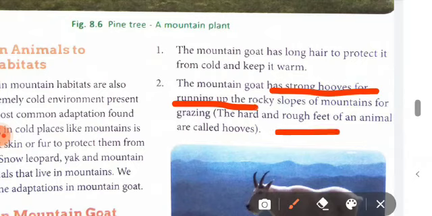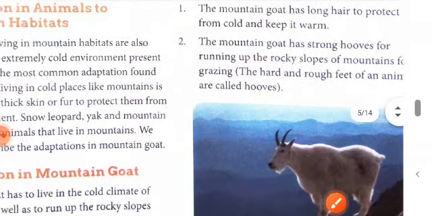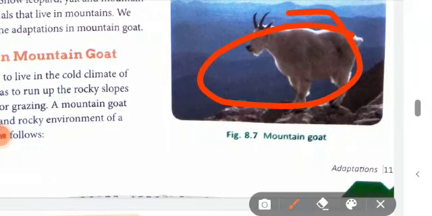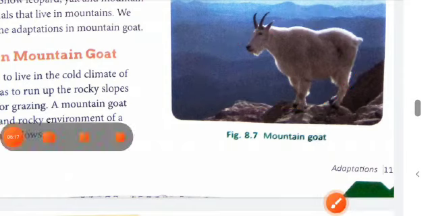The hard and rough feet of an animal are called hooves. Now this figure is shown here, where you can find the fur and adaptations of mountain goats.